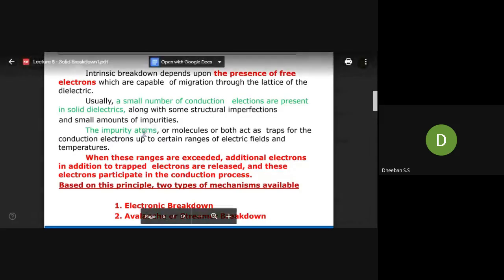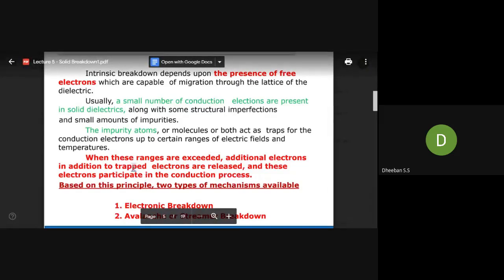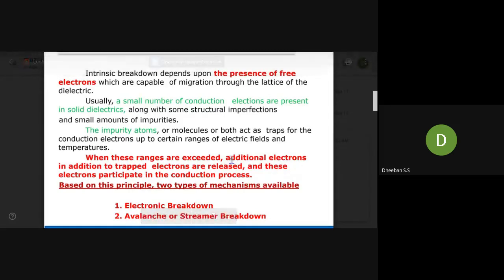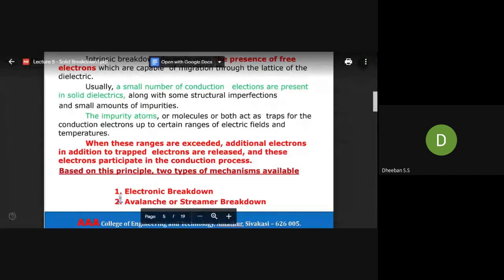So these impurity atoms are particles which are responsible for your conduction. When these ranges are exceeded, additional electrons are added to trap the electrons. These two processes you already know. Based upon this, there are two mechanisms: electronic breakdown and avalanche or streamer breakdown.